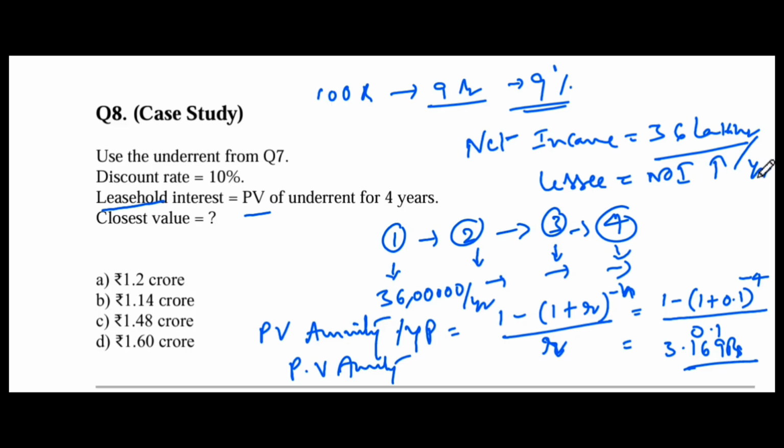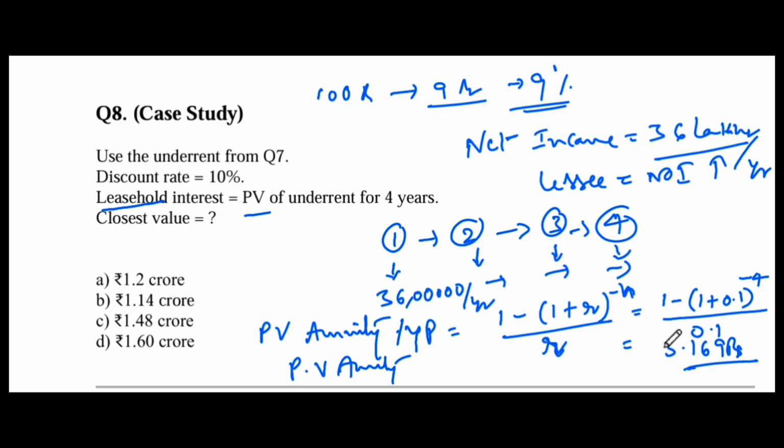But we have figures in lakhs. How come this will be 3.169 rupees? This is the concept we have to understand. This 3.169 rupees is the worth for the leaseholder, the interest for the leaseholder, for 1 rupee net operating income every year.